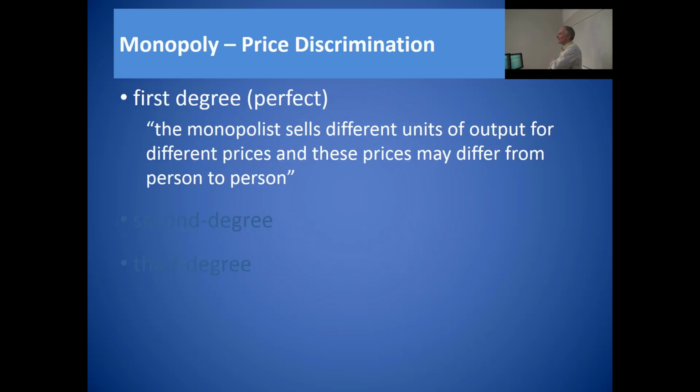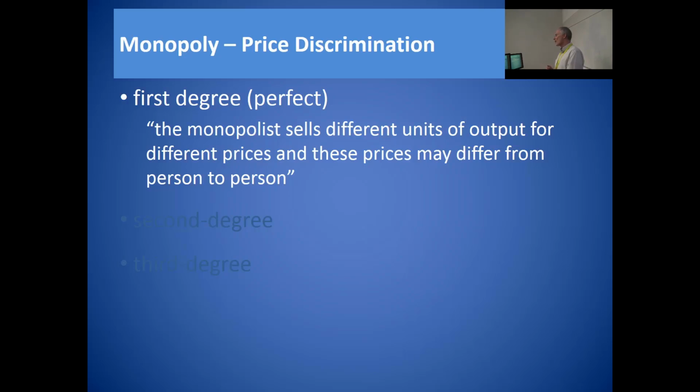There are 3 different classifications of price discrimination: first degree, second degree, and third degree.